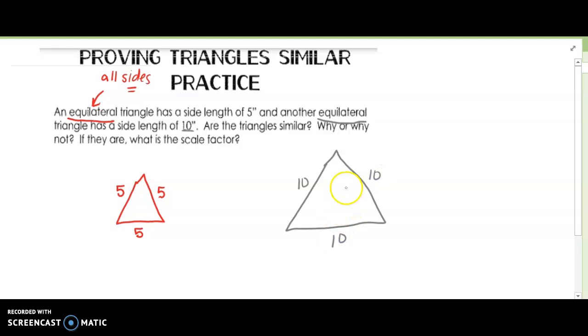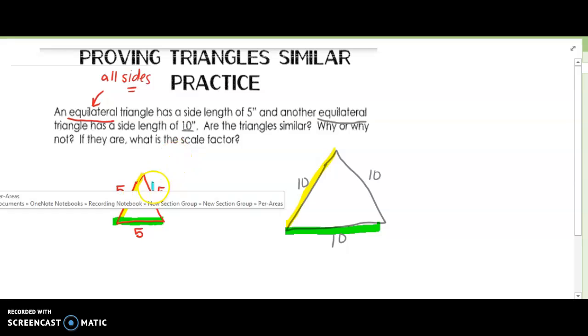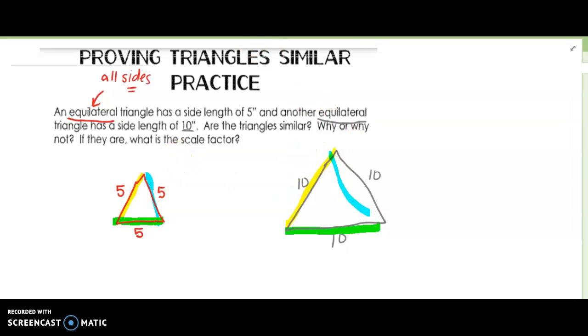Are the triangles similar? Well, guys, let's highlight corresponding parts. They're all kind of corresponding to each other, but let's pretend they're not. So I'll highlight this last side blue on each of them.